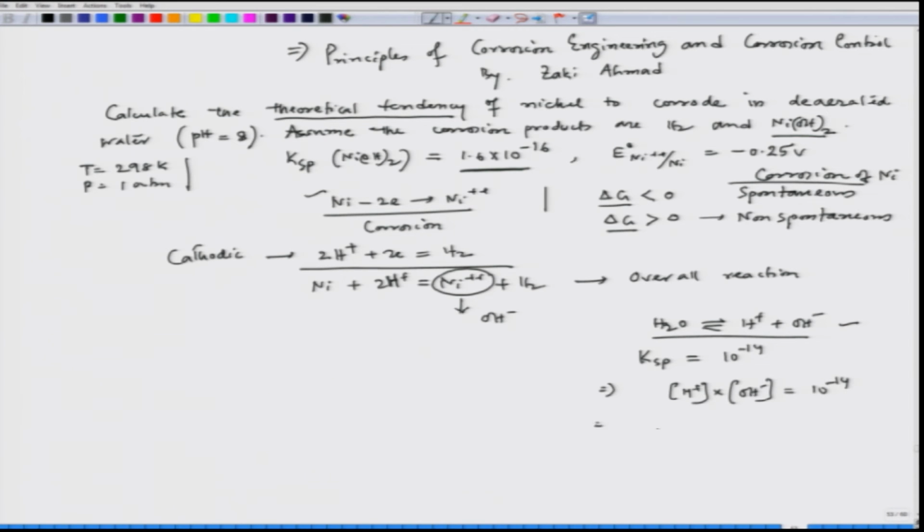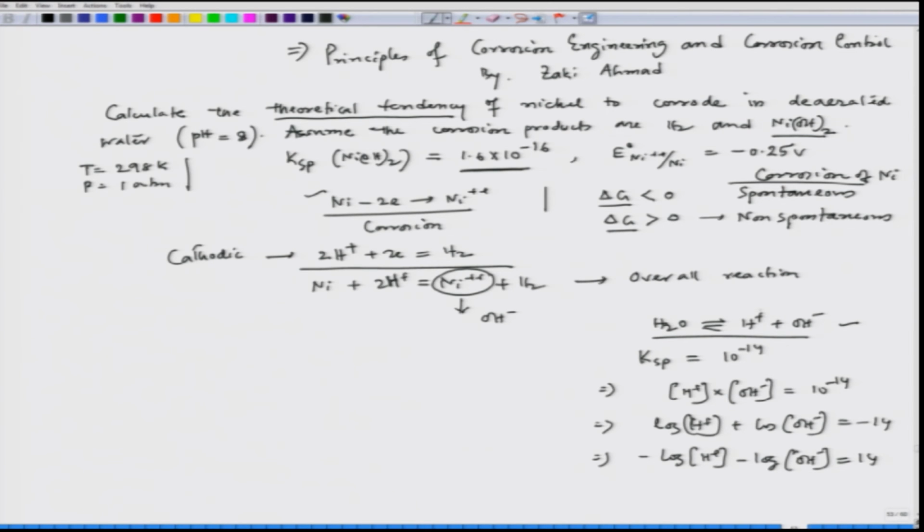If we take log, so log of H plus plus log of OH minus equal to minus 14. So, minus log of H plus and minus log of OH minus equal to 14.